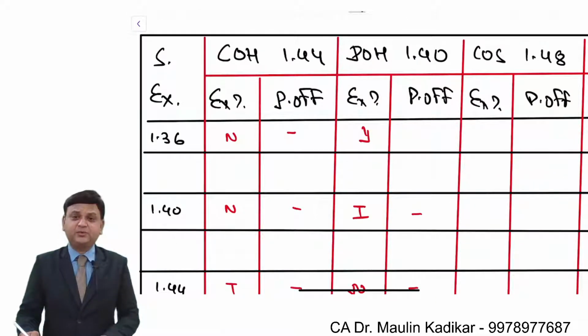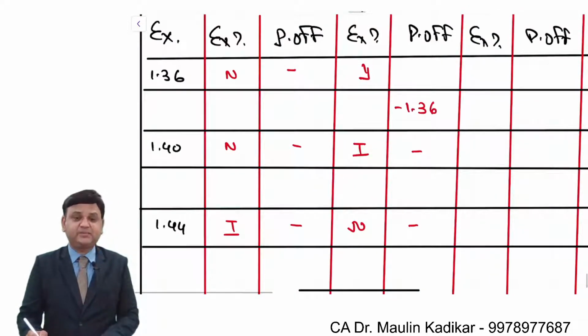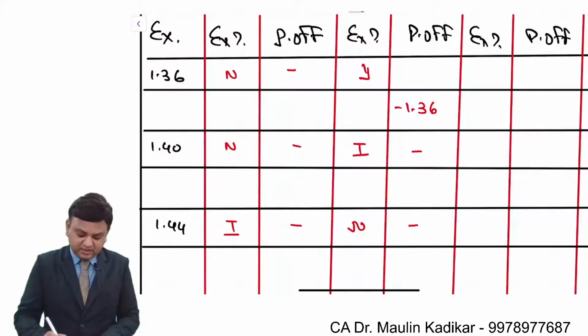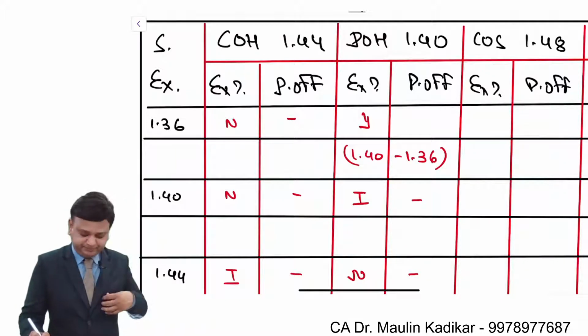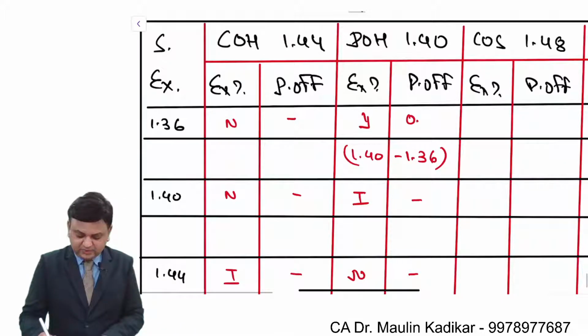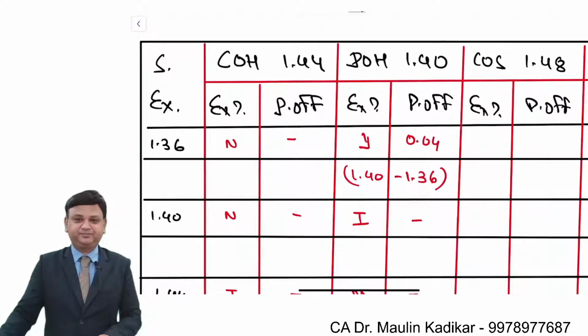When you exercise your put option, then 1.36 is the price at which you will purchase the pound from the spot market to be sold at 1.40. So you will get the positive payoff of 0.04 United States dollar.